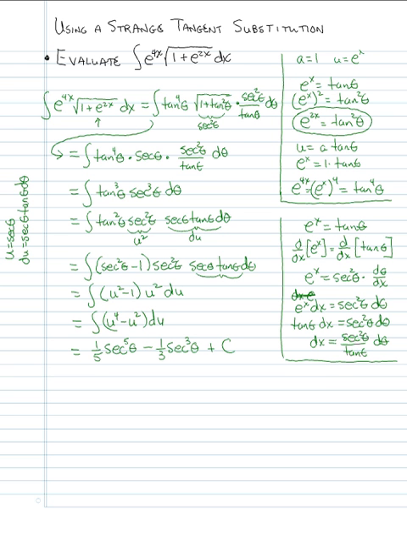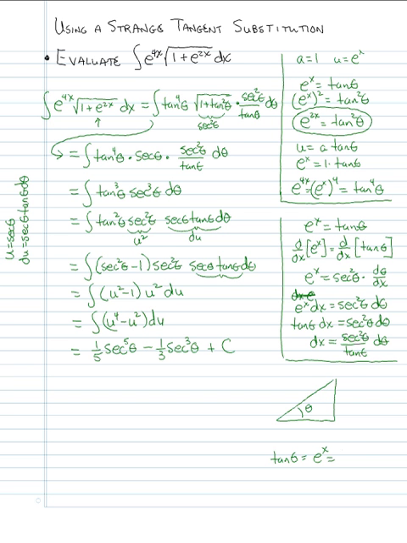So now to finish this off, we've got to go back and replace our theta business with x business. And so we need that right triangle. Well, here's the angle theta. Now the information we have, remember, is way back up here, and it is that the tangent of theta is equal to e to the x. That's what we started with.